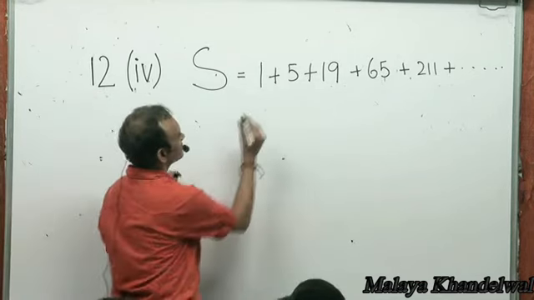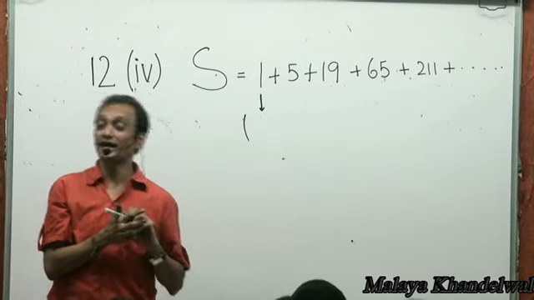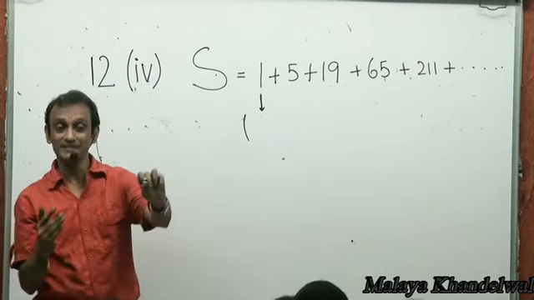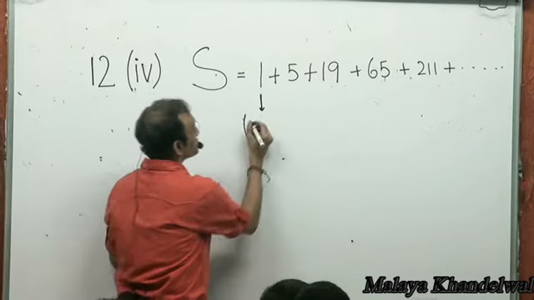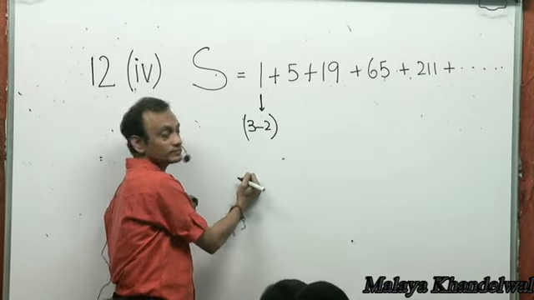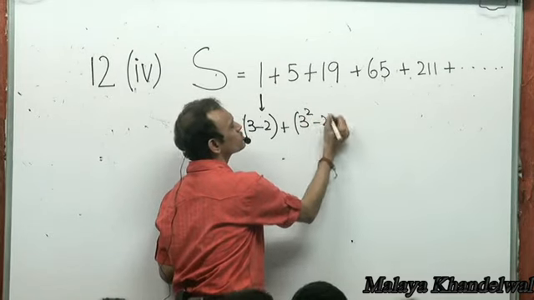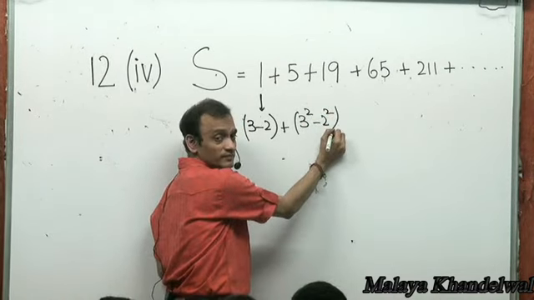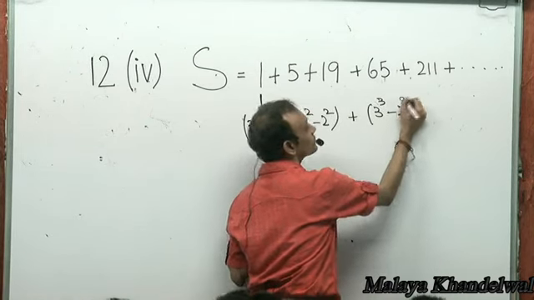Okay. See, this is inspection, but you could try other things also. As he said, the difference of the difference. But this is like 3 minus 2. Yes or no? 3 squared minus 2 squared. 3 cube minus 2 cube.